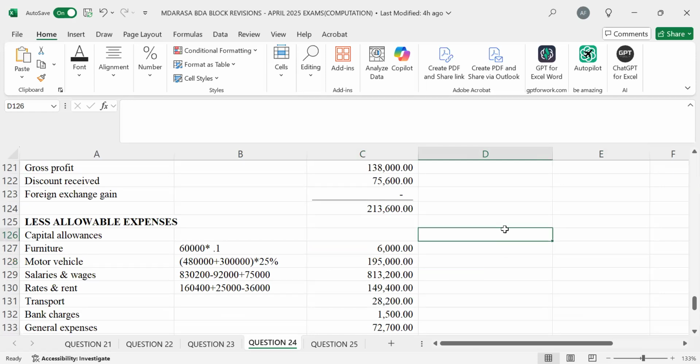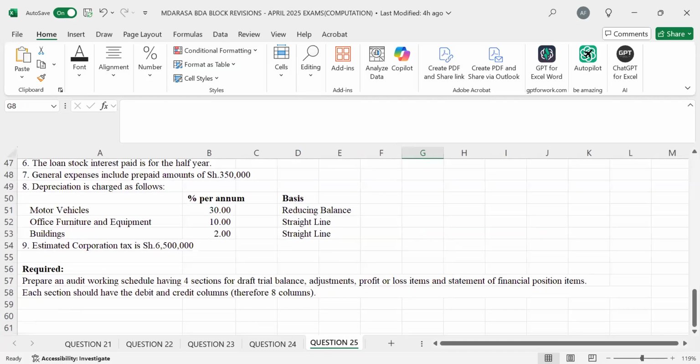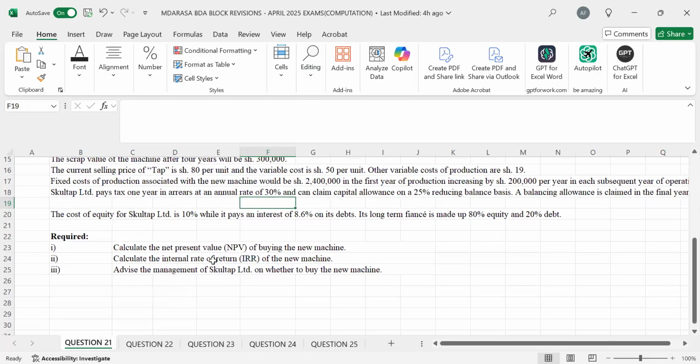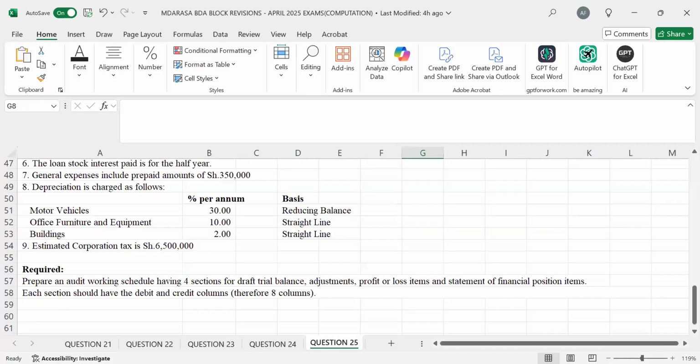So our target today, I want us to look at the auditing part, and also we do a review on what we did under the capital budgeting, so that our target would be, I take it through the concept of audit.